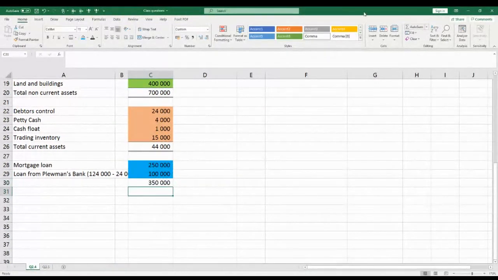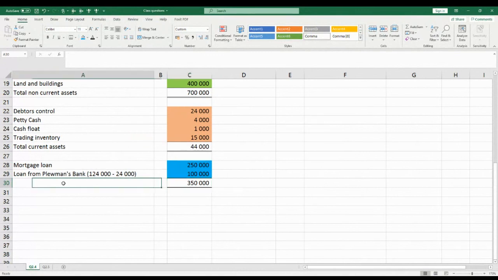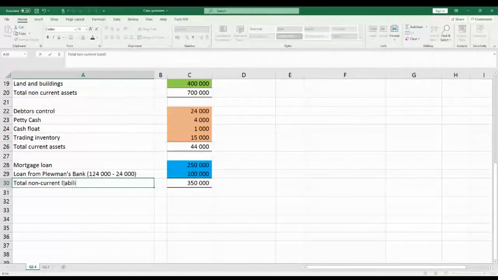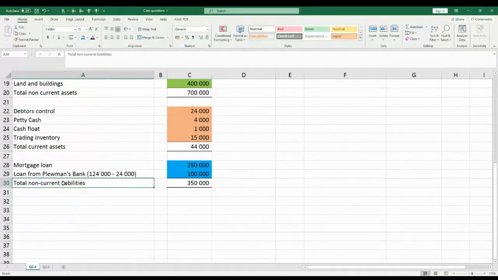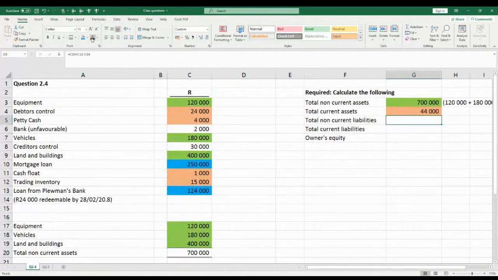Then when you add all of that together, you get 350. So that is total non-current liabilities. Okay, so that is how we got to that.